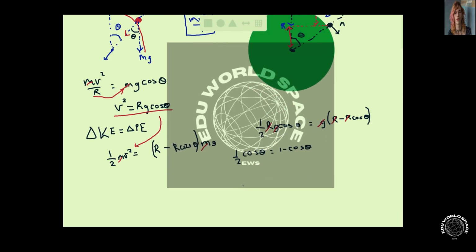So then what we can further say is that taking this term onto this side, 3/2 cos theta is equal to 1. And therefore, cos theta is equal to 2/3.